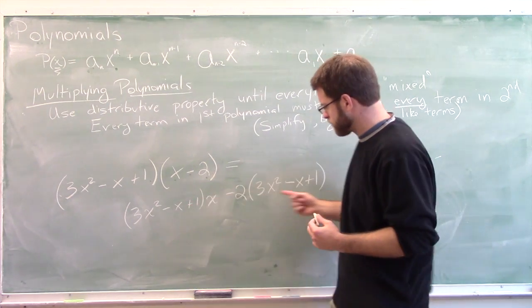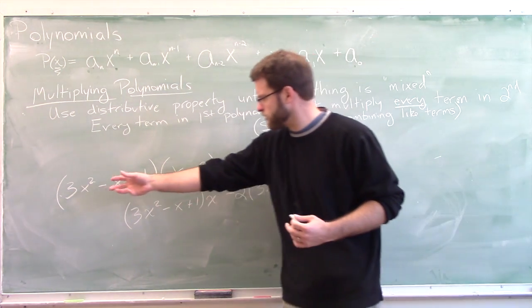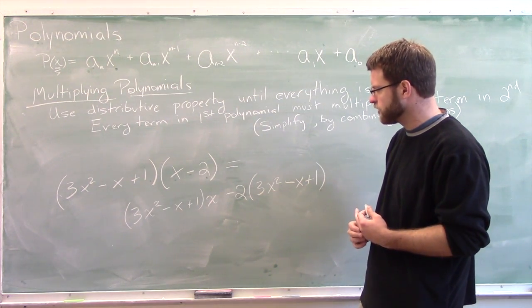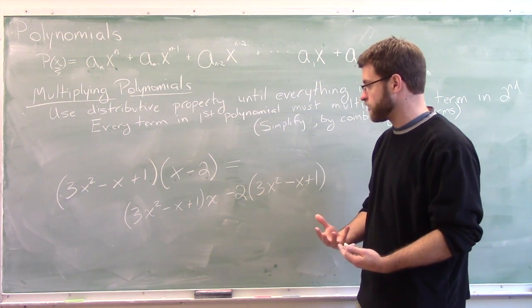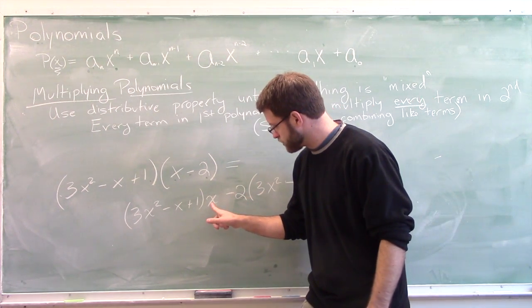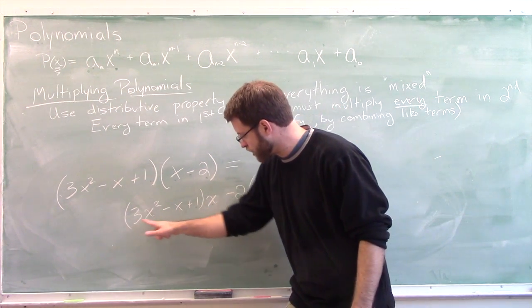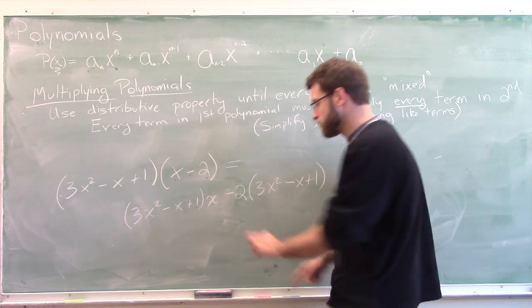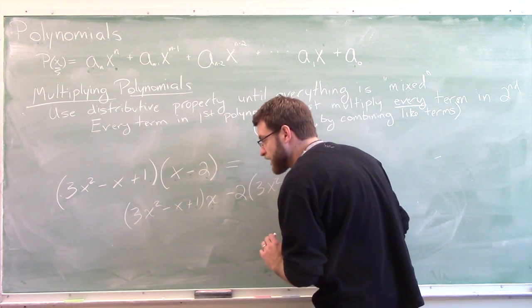Okay, so we've used the distributive property once to multiply everything in the first polynomial by each of the things in the second polynomial. Next we're going to use the distributive property again to figure out all the different pieces we're going to end up with. So we need to distribute the x across each term in this quadratic. We have x times 3x squared.